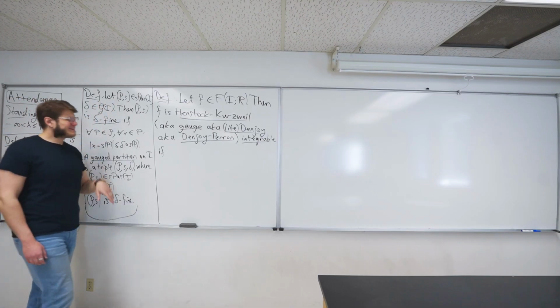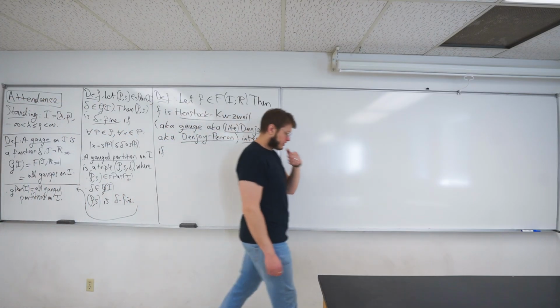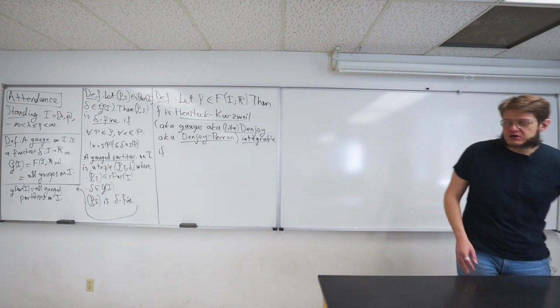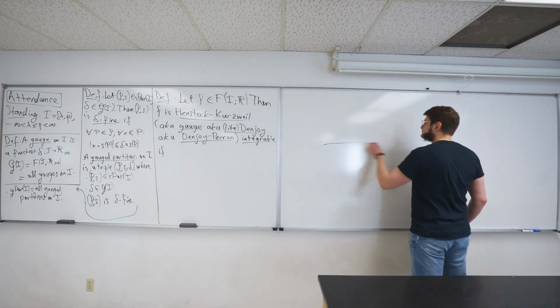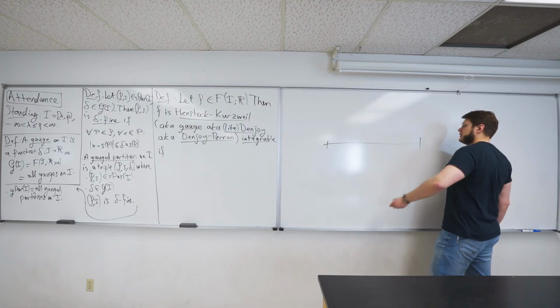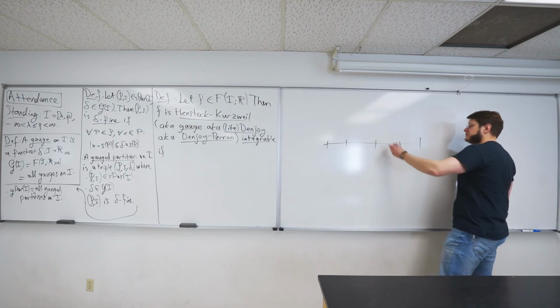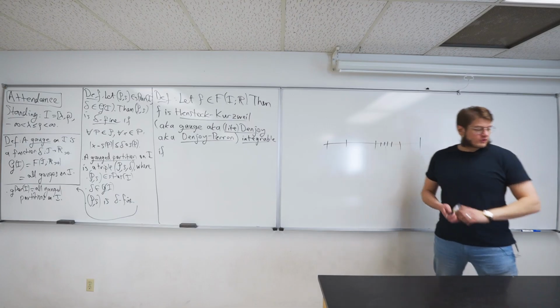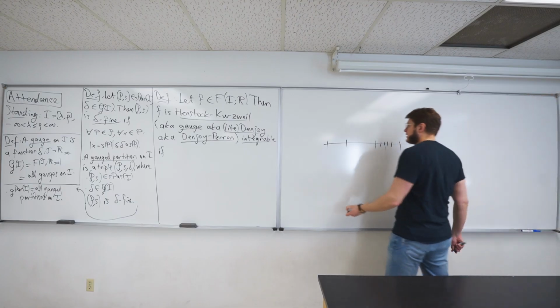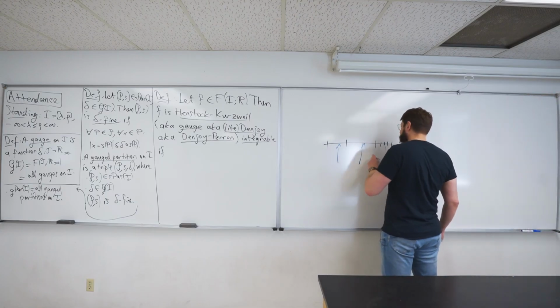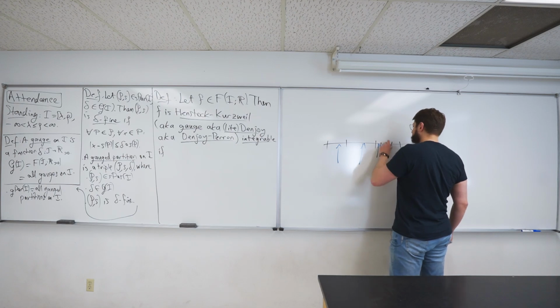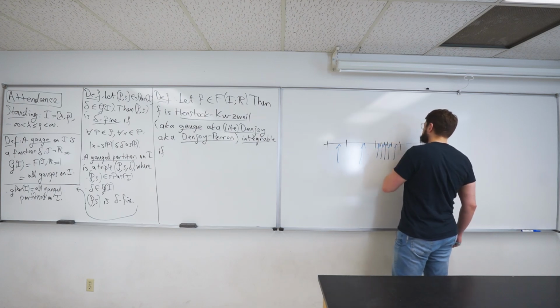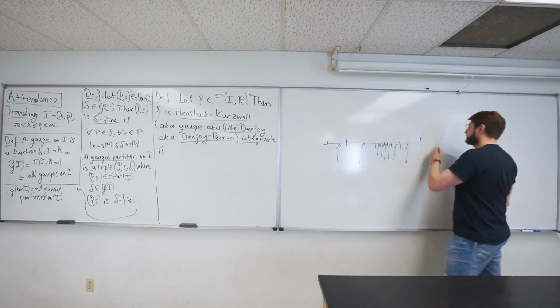If I have a sampled partition PS, so I have an interval as usual, and then I partition it into finitely many pieces, like this perhaps. And then for each of these pixels, I take one sampling point, say like so. Okay, that's my PS.